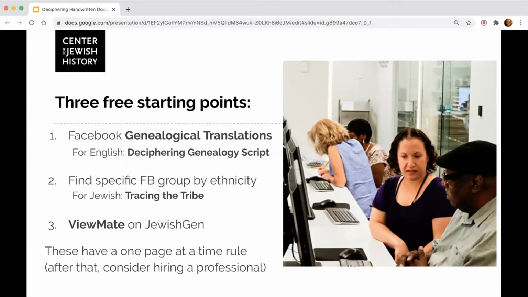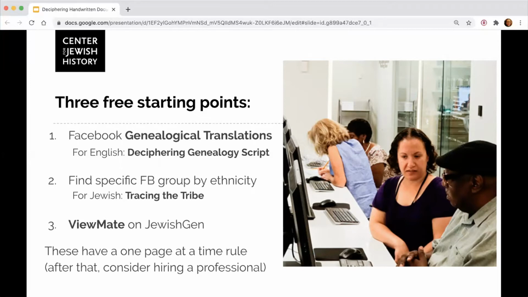You could also post old handwriting in a language that's hard for you to read or that you're unable to read in the nationality specific or ethnicity specific genealogy group that you might also find on Facebook.